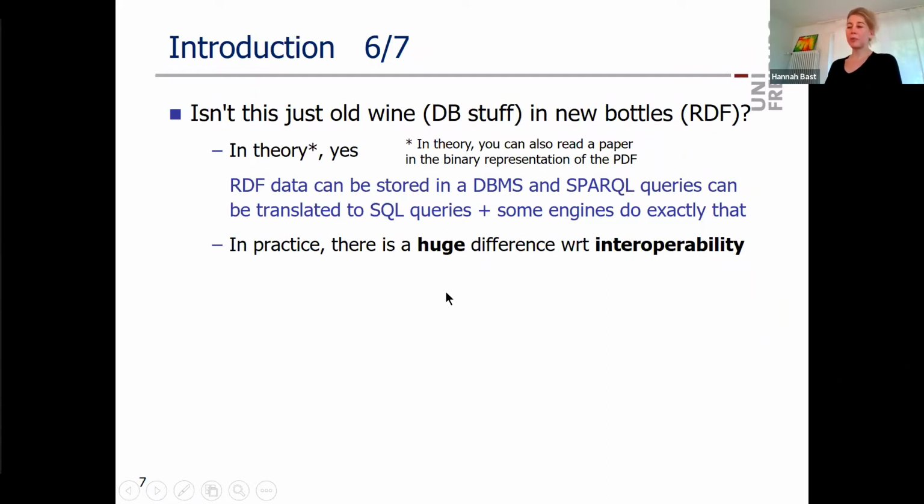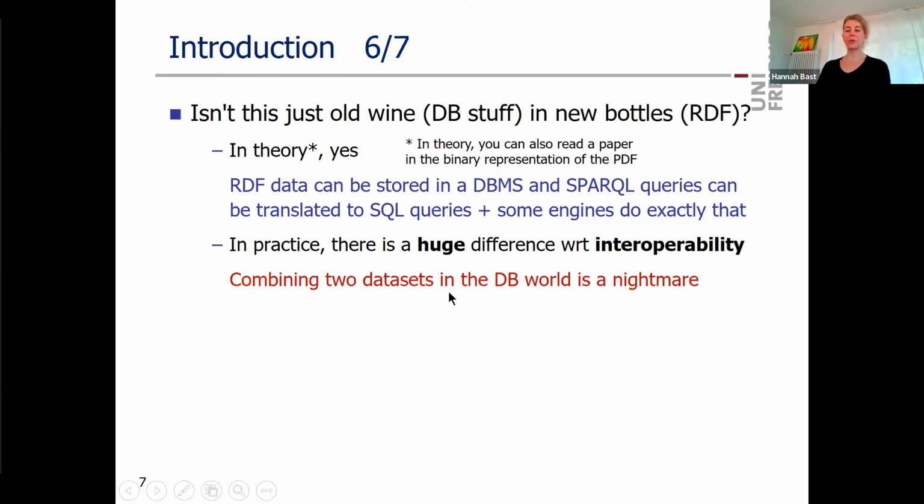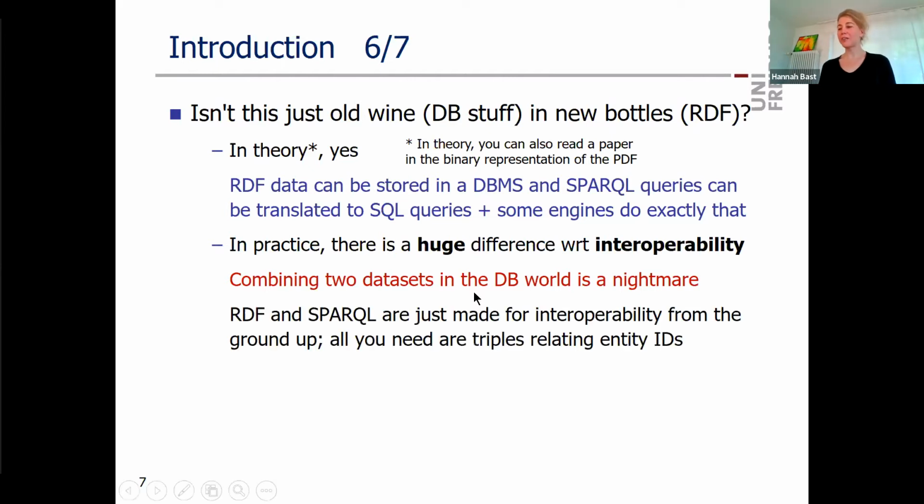The biggest difference is interoperability. If you have ever worked with more complex data in databases, interoperability is just a nightmare. Even if it's the same kind of data, if two people have slightly different schemas, bottom line is, it doesn't work. RDF and SPARQL are made for interoperability from the ground up.